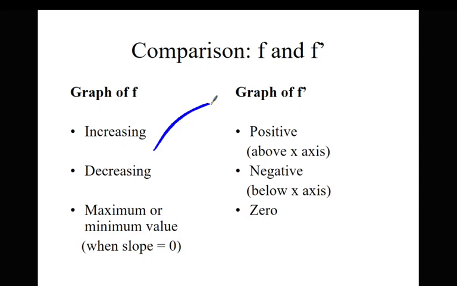But what is the derivative? It's a slope, right? When you have a function that's increasing like this, the slope is positive. For those of you that have taken physics, this should sound familiar. When the function is increasing, the slope is positive, and when the function is decreasing, the slope is negative.